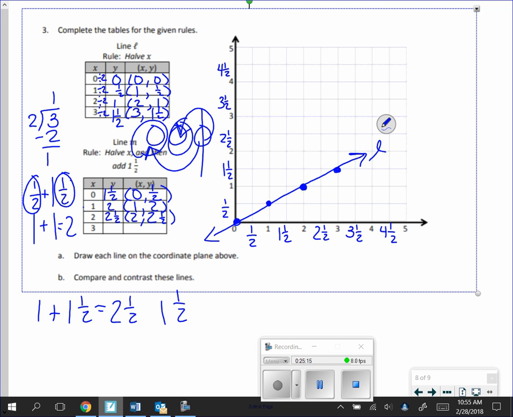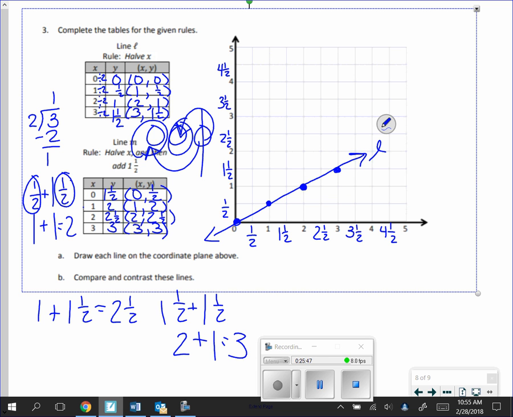You have to add 1.5. So 1 plus 1 was 2. 1/2 plus 1/2: if I had a half a sandwich over here and a half a sandwich over here, I got 1 whole sandwich. 2 plus 1, 3. So I had 3, 3.